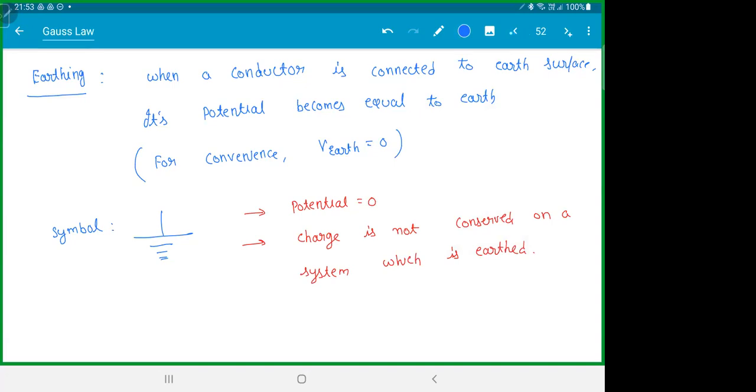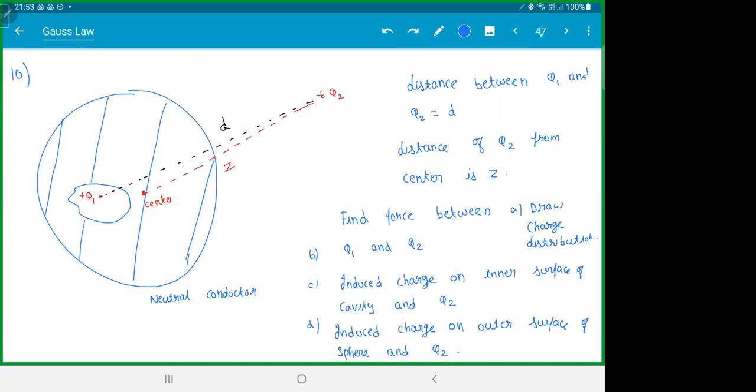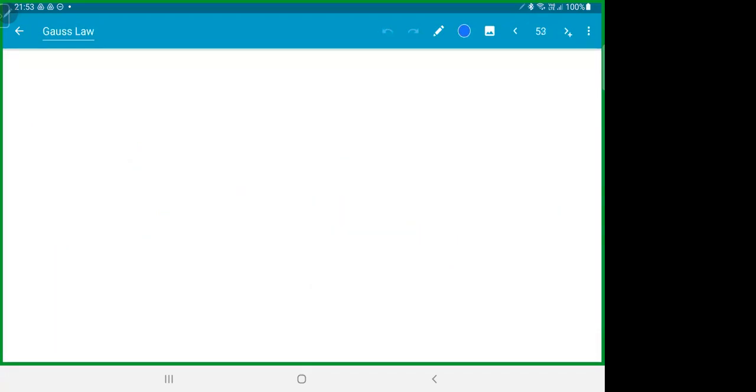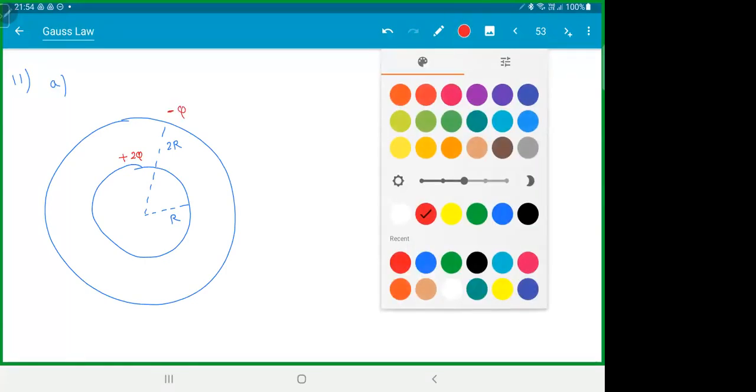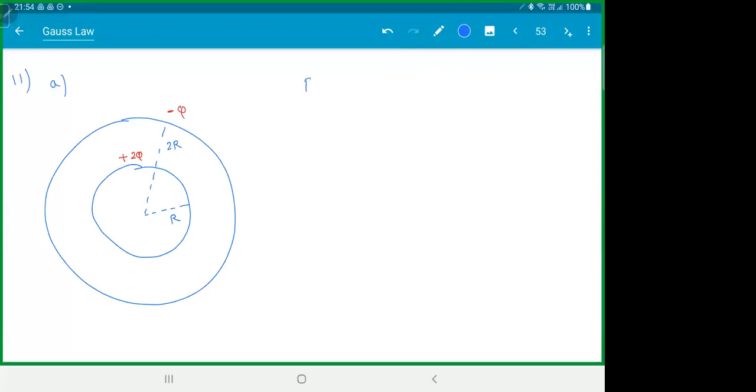Let's see some questions. We have 2 shells, radius r and radius 2r. On this shell, you have a charge 2q. On this shell, you have a charge minus q. Find the charge distribution on each shell.